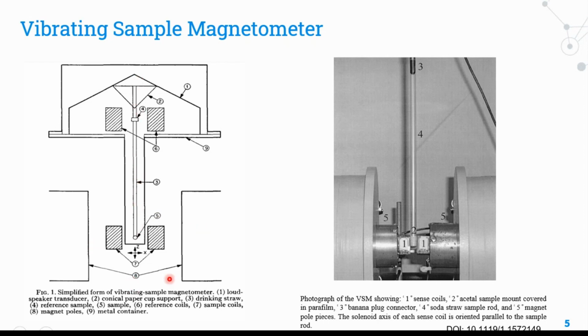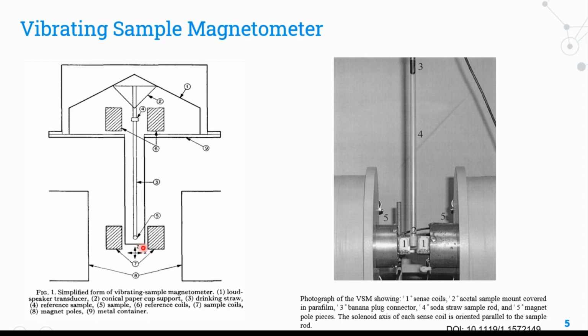And number 8 is the magnetic pole pieces, and it will generate a magnetic field, and the magnetic field will cross over the magnetic sample, and it will experience some magnetic field. And whenever the sample vibrates along the z-axis, it will make some magnetic flux change.